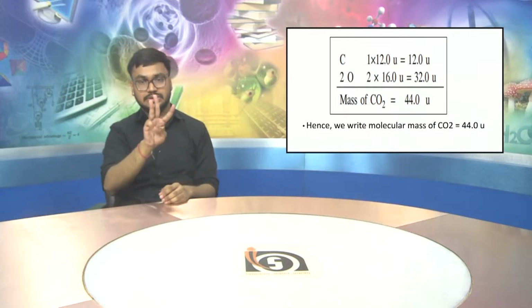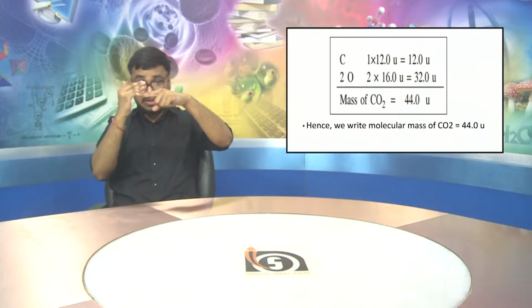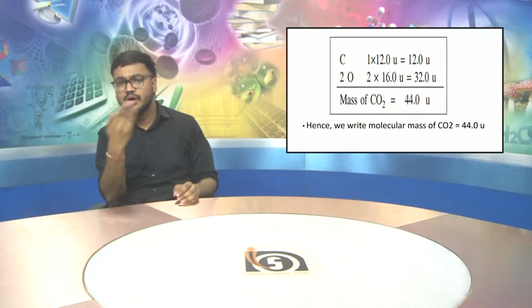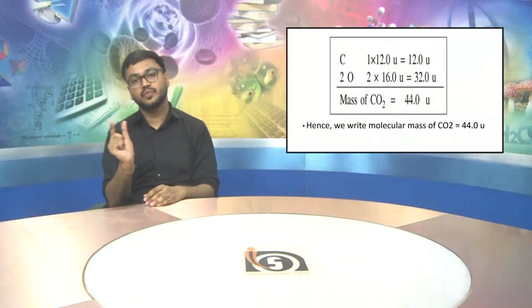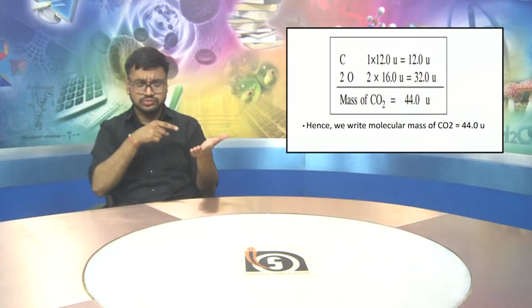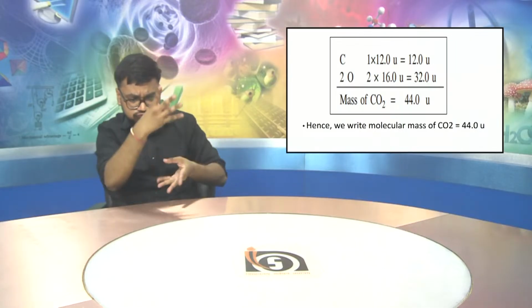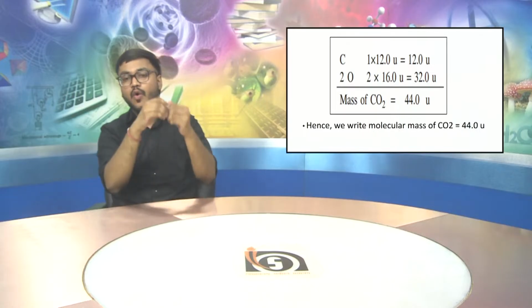There is an equational representation of the molecular mass of carbon dioxide. Carbon with 1 atom and oxygen with 2 atoms, and by combining them we get 44.0 units, which is our molecular mass of carbon dioxide.